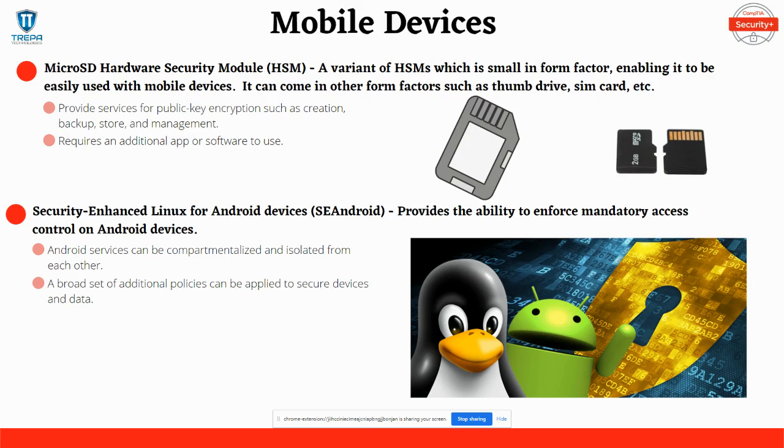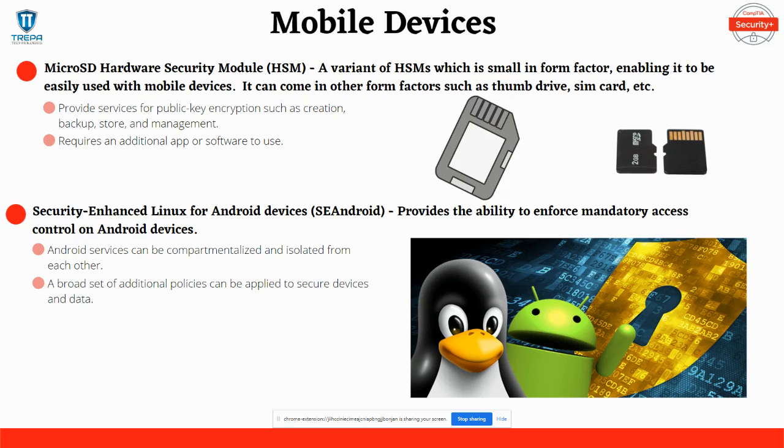And then we got some more mobile device features or peripherals here. Mobile devices can also have hardware security modules. Mobile devices can use micro SDs as their HSMs, make it a small form factor for your mobile device, and giving it that HSM capability to create, backup, store, and manage encryption keys.